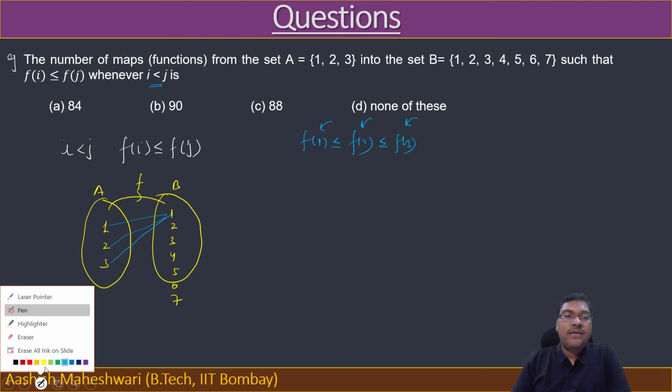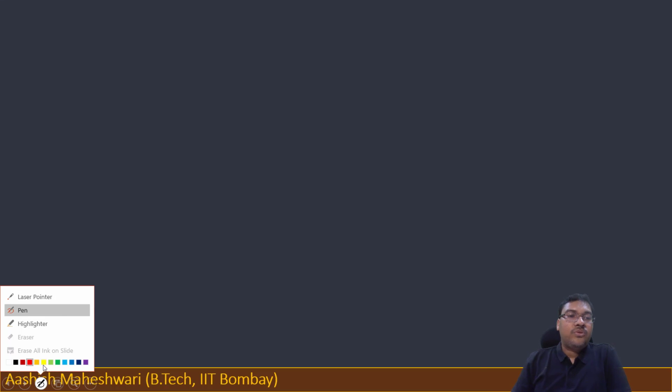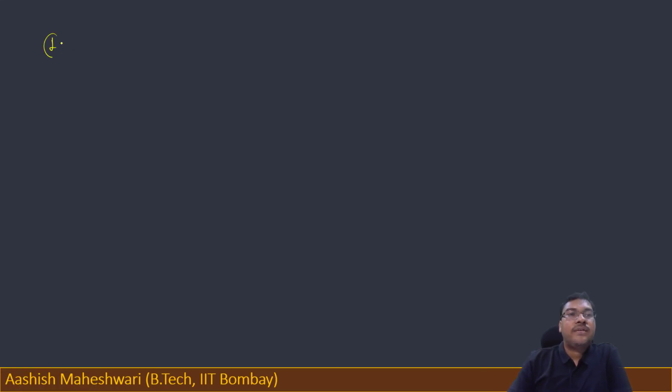Or we can have a case where all the elements are mapped to only 2 elements of set B. For example, if I map 1 and 2 to 3, and 3 is mapped to 4, then the range has 2 elements, 3 and 4. And there can be a third case where 1, 2, 3 are mapped to 3 different elements. So we take these 3 cases and find the total number of functions. Let's start with the first case.